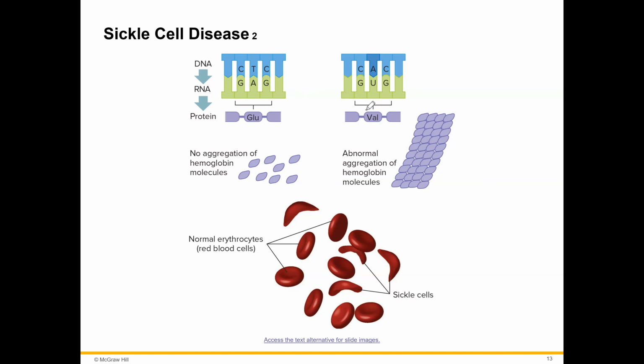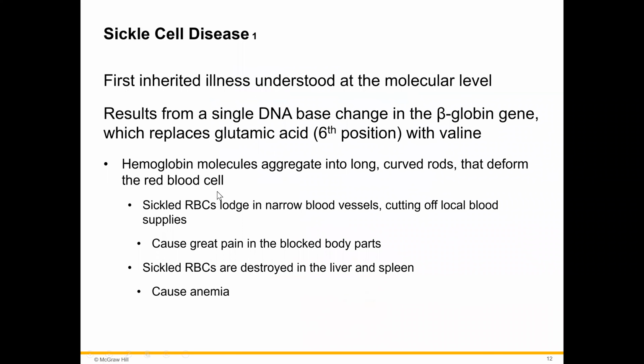And when this valine is added to beta globin, then hemoglobin that is made of beta globin and alpha globin will have abnormal properties. It will cause abnormal aggregation of these hemoglobin molecules. So instead of being like a free hemoglobin molecule, it forms this aggregation and it changes the shape of the cells because this hemoglobin is inside red blood cells, right?